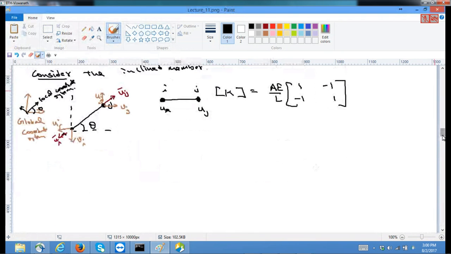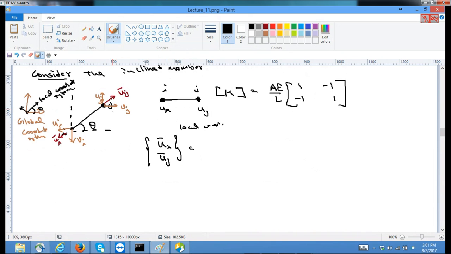Now I want to transform my variables, which is ui bar, uj bar, these are the things in the local coordinate system. I want to transform into the global coordinate system.